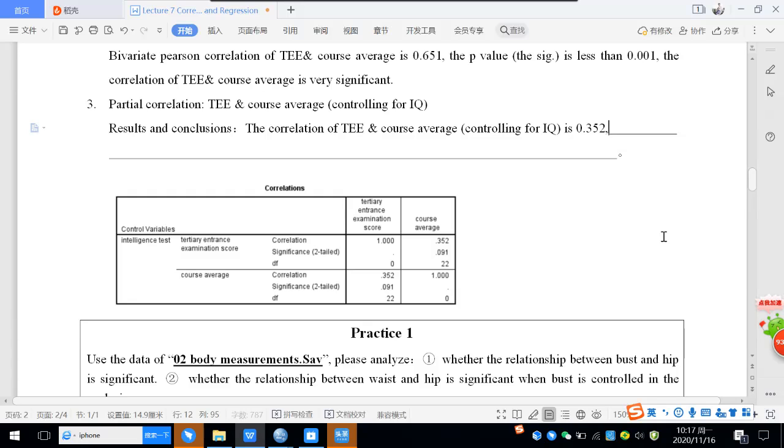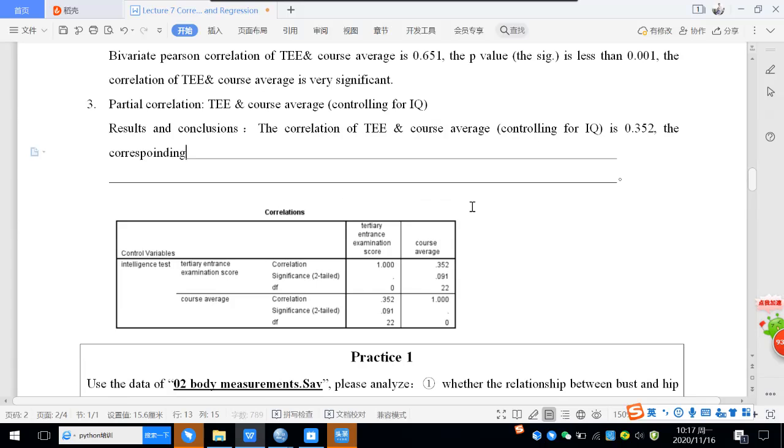Okay, the corresponding significance is 0.091.